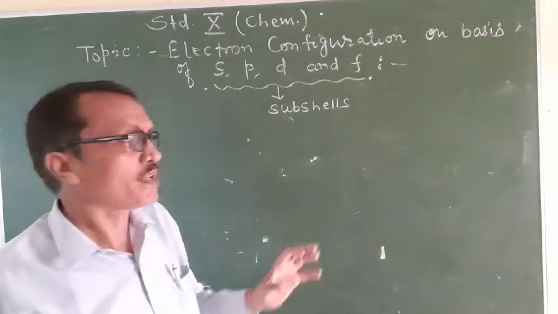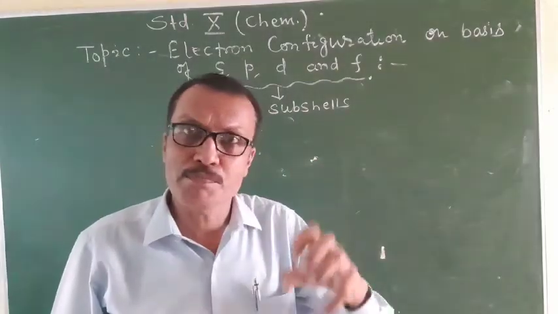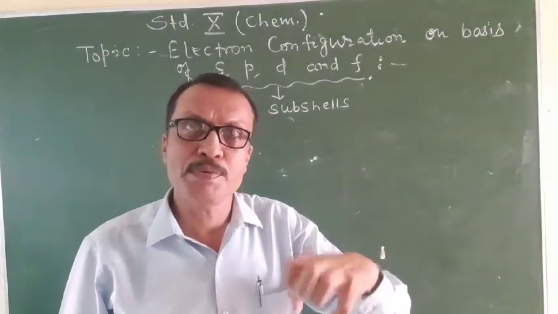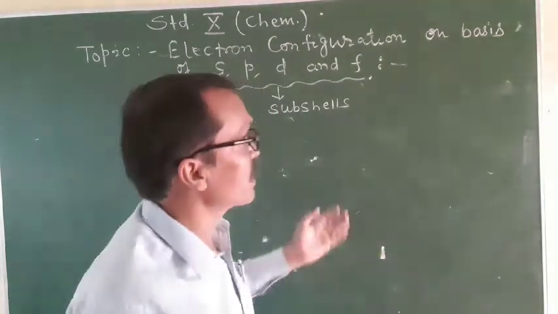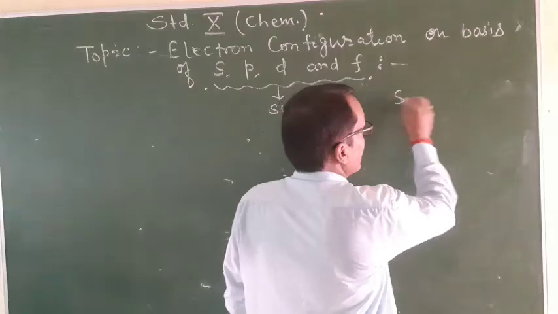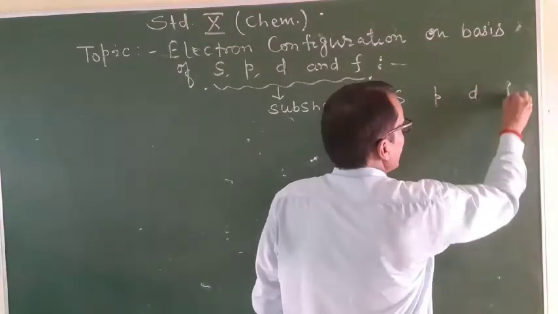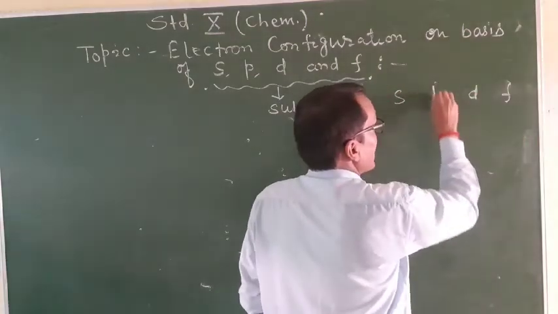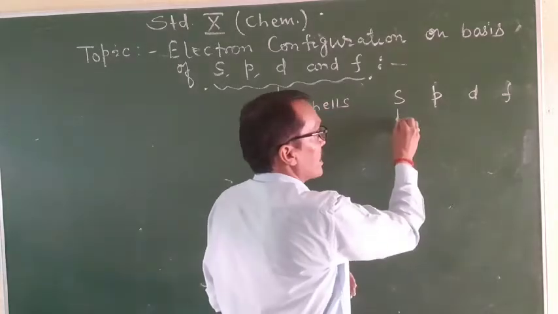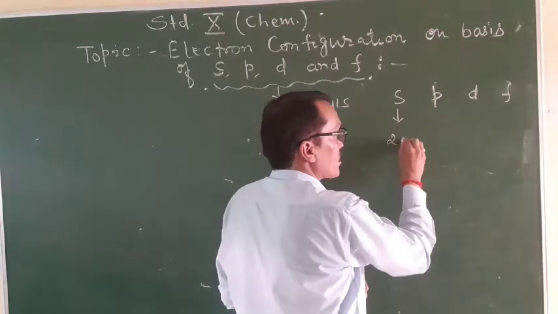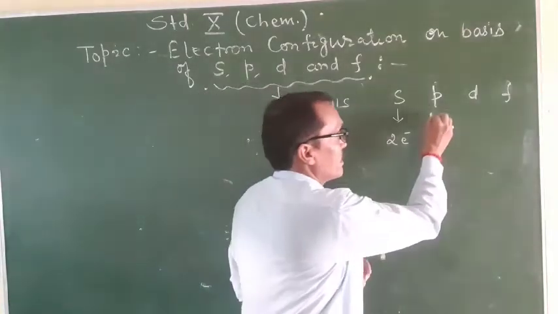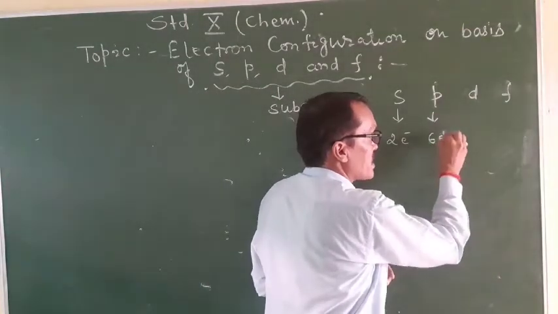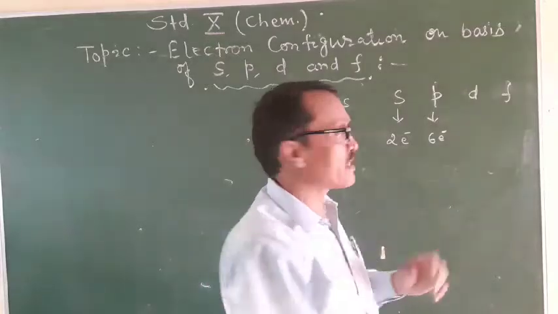Now students, every subcell has a specific capacity to hold electrons. So students, let me first of all write their capacity, how many electrons they can hold. Students, S, maximum electrons it can hold 2, not more than 2. P, maximum holds 6 electrons and not more than 6.